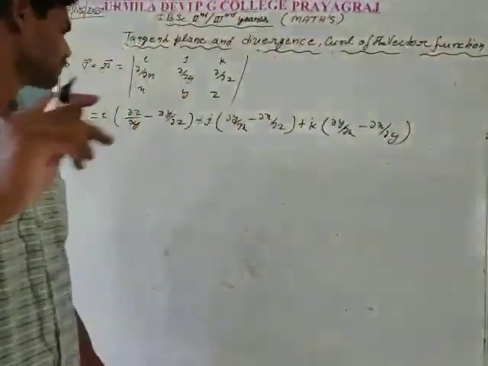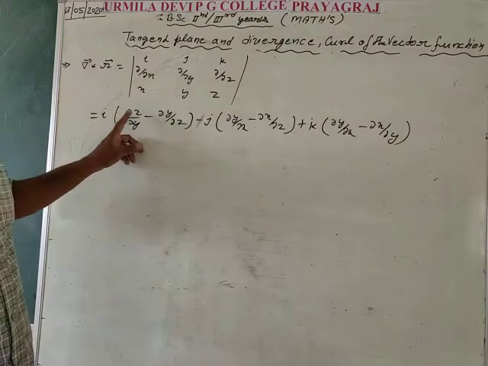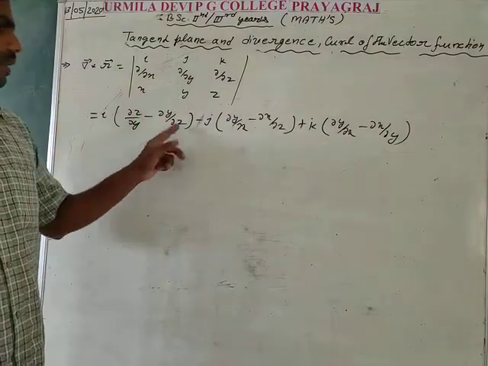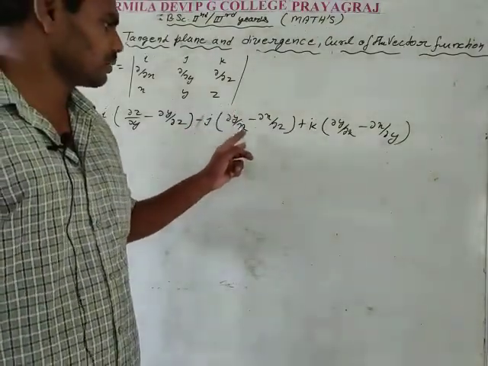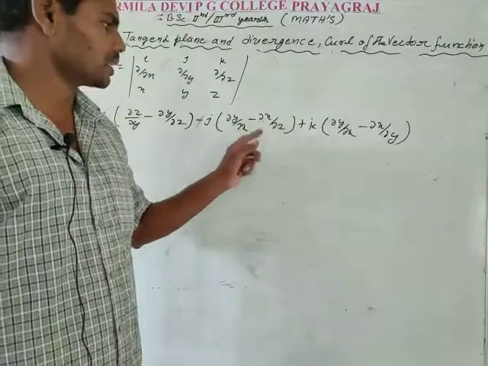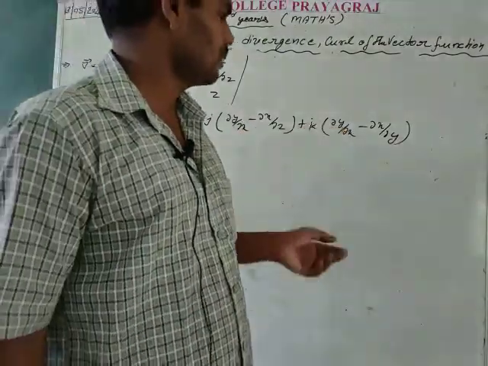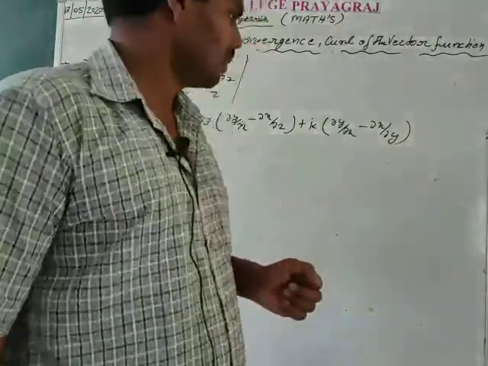In this equation, taking partial differentiation: in the first term, z is constant with respect to y, and y is constant with respect to z. Similarly, x is constant with respect to z. At last, y is constant with respect to x, and x is constant with respect to y.